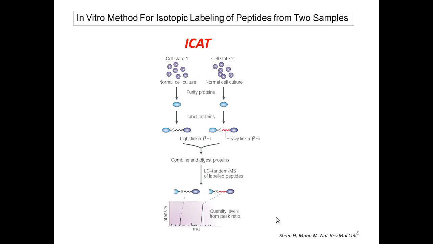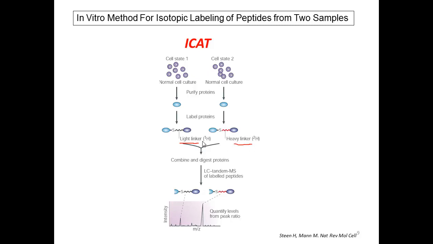To measure 2 protein samples, we use the same concepts, but since we are not measuring fluorescence, we don't look at colors. What we instead do is we take proteins and we label them chemically, and since we're weighing them, essentially by mass spec, we're going to add light linkers or heavy linkers.